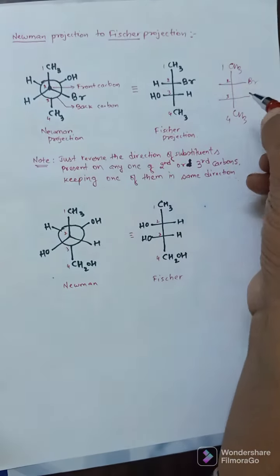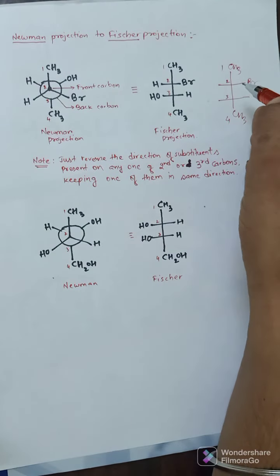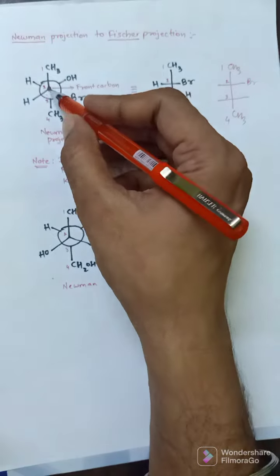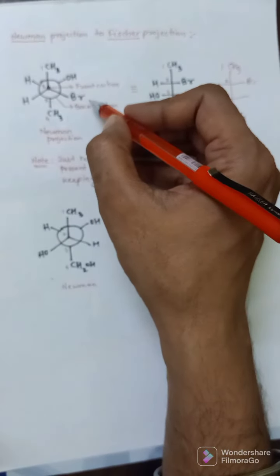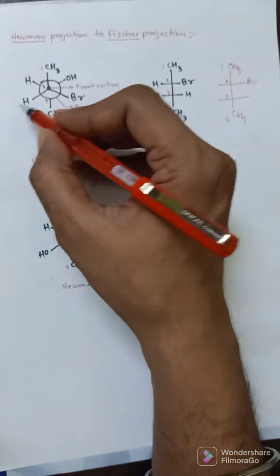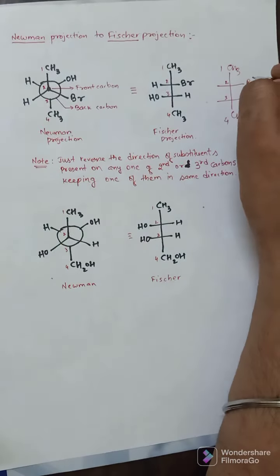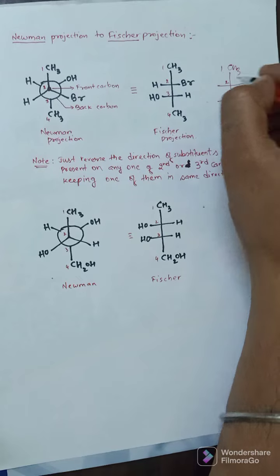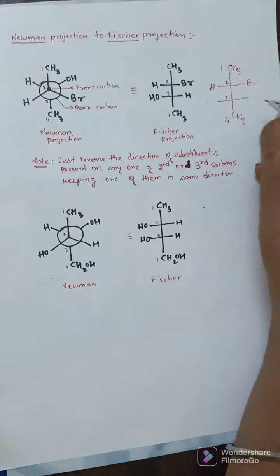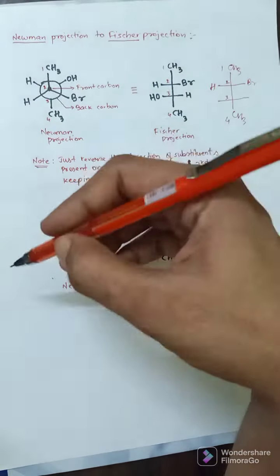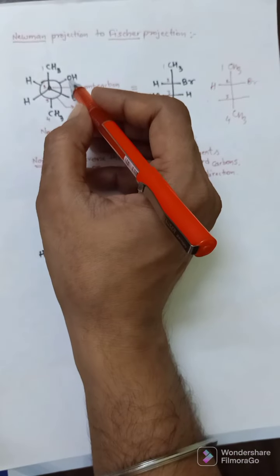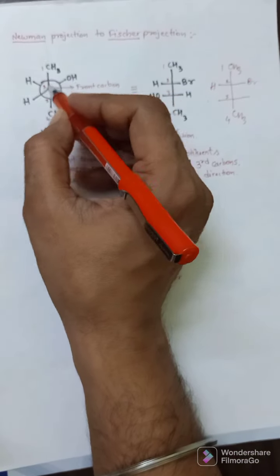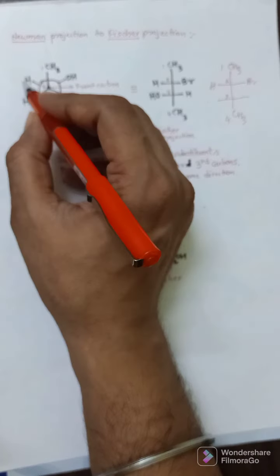Again I will tell you, just see, I have kept the position of the substituents, the bromine and hydrogen, the same. I have kept bromine in the same position. Now about the third carbon, I will change the direction of the third carbon substituents, OH and hydrogen.